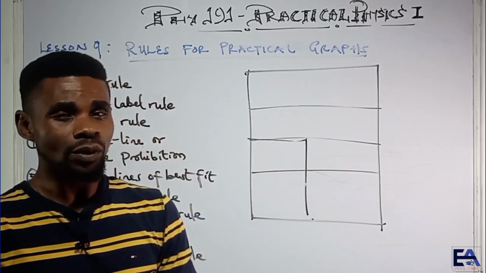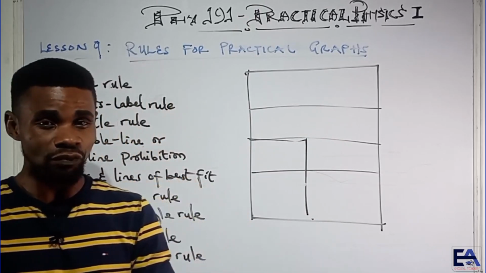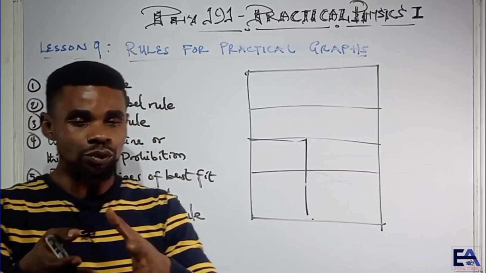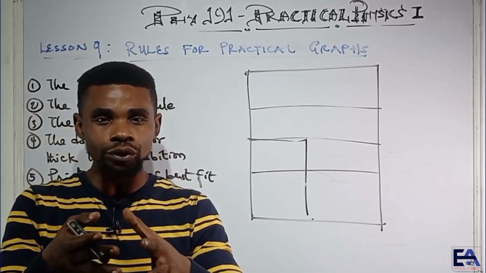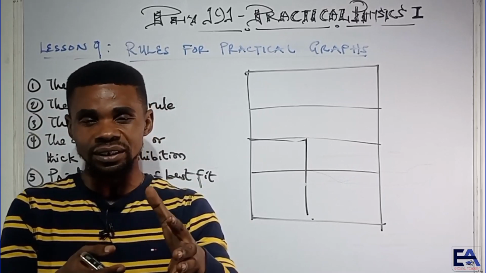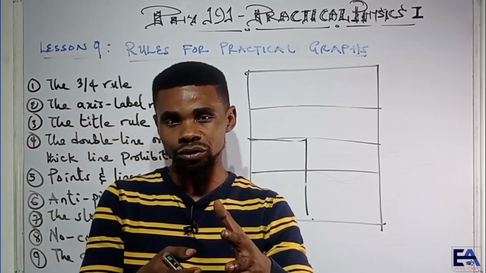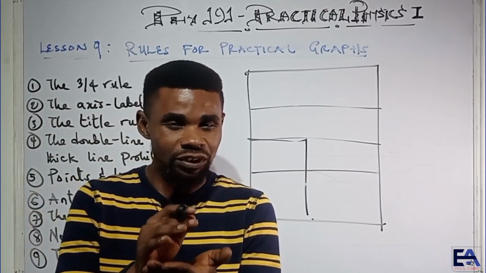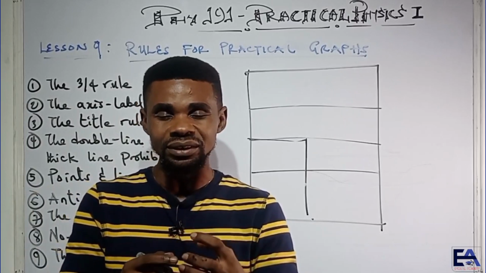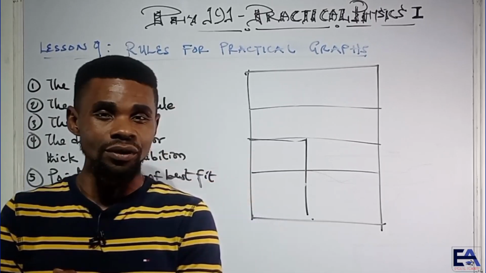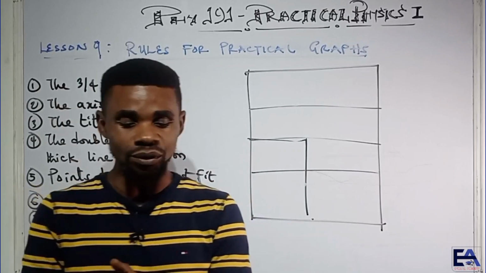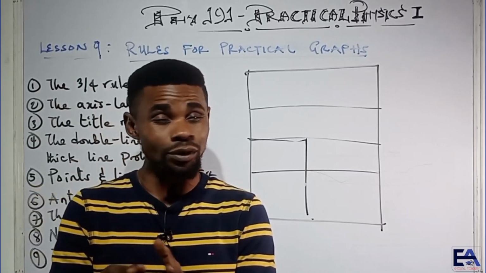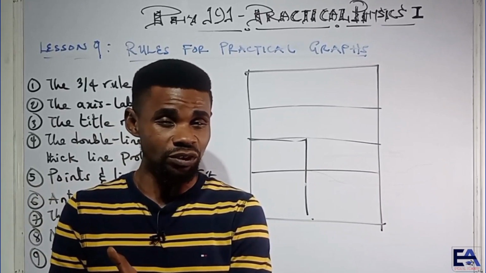The reason is that when your graph is large, big enough, it will enable you to get a more accurate reading or deduction from the graph compared to when the graph is small. When the graph is smaller in size, it increases the error rate, the possibility of having errors.